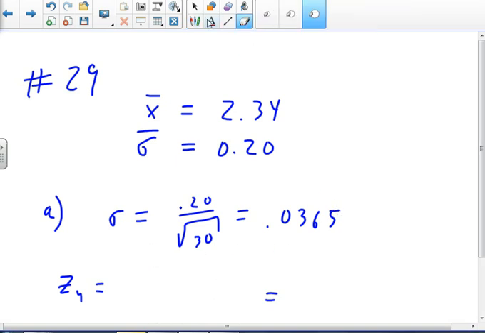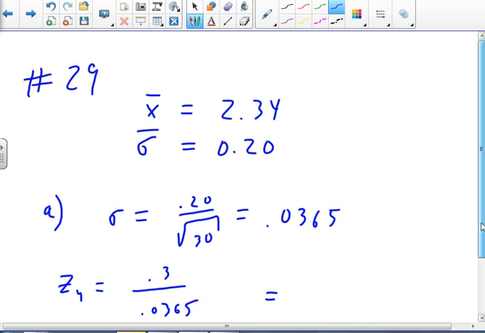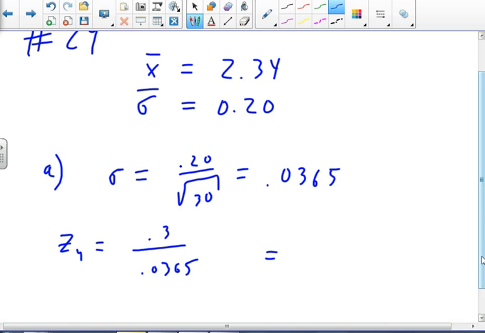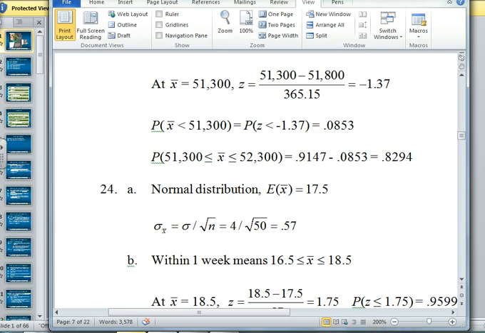Well, way to go. 0.3 divided by 0.0365. Seriously. I'm still... Yeah, me too. 0.8219.